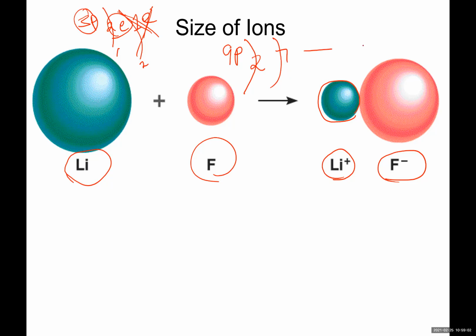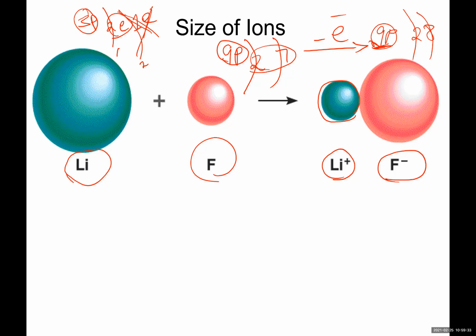And if this is gaining 1 electron, can I say the number of protons is not changing and the number of electrons is changing? So repulsion between electrons is going to make the atom larger. Also, attraction of 9 protons over 10 electrons is much weaker than attraction of 9 protons over 9 electrons.